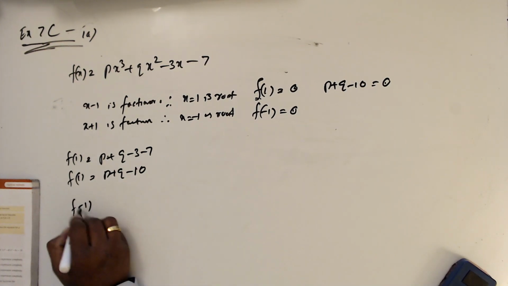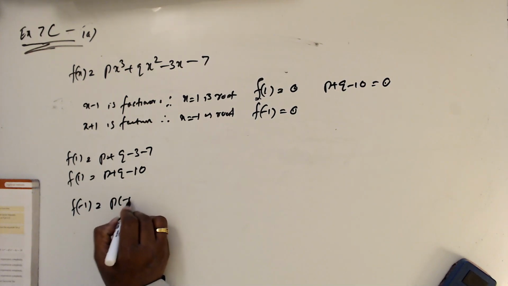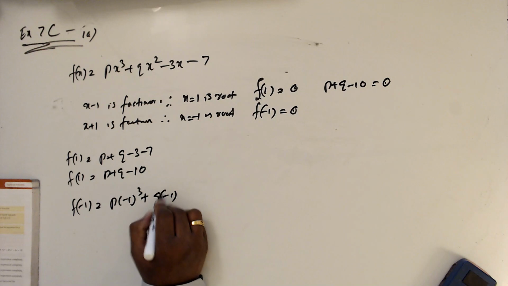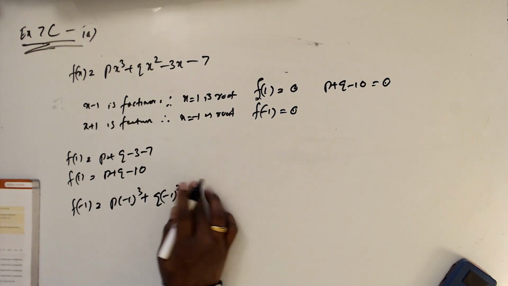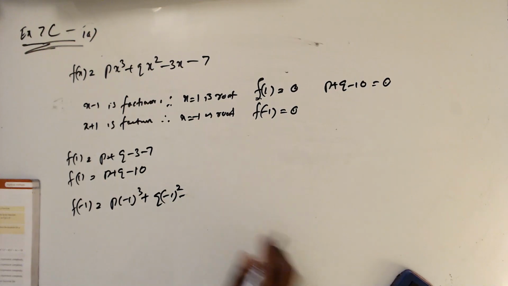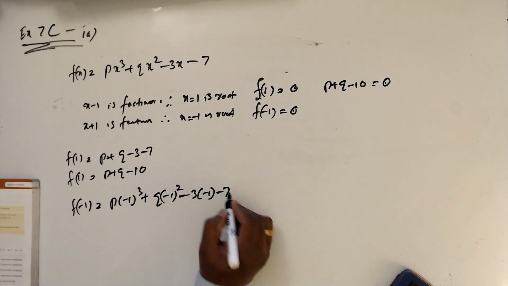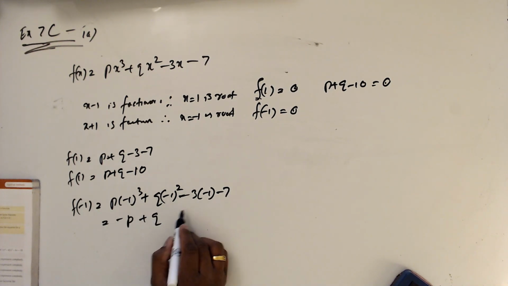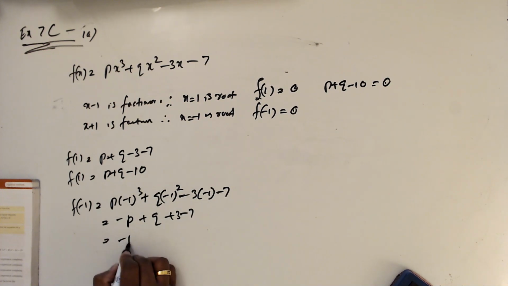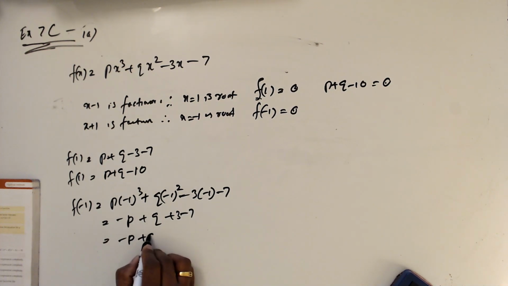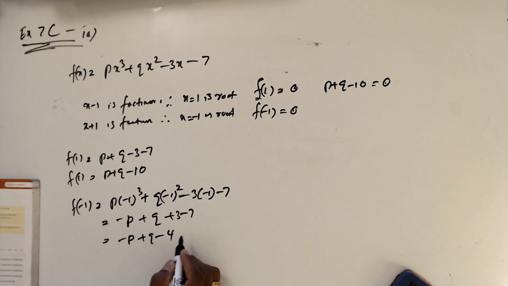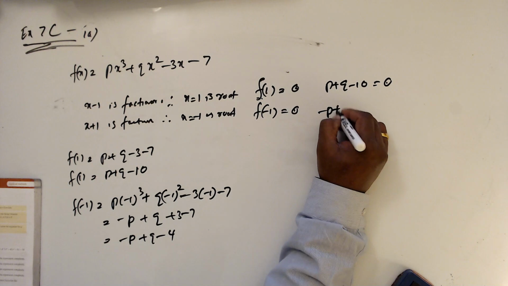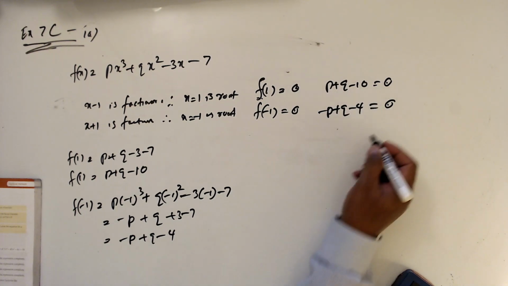Now f(minus 1) we will find. It is p times (minus 1) cubed plus q times (minus 1) squared plus 3 times minus 1 minus 7. This is negative p, plus q, plus 3 minus 7. So minus p plus q minus 4, and this value has to be equal to 0.